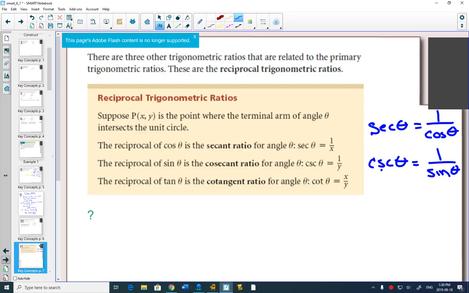Cotangent is easy to remember that it's 1 over tangent of theta because the words sound the same. Right? They should have named the other ones something you could remember easy. Like instead of secant, if it was like supercosine, you'd remember it goes with cosine really easy.